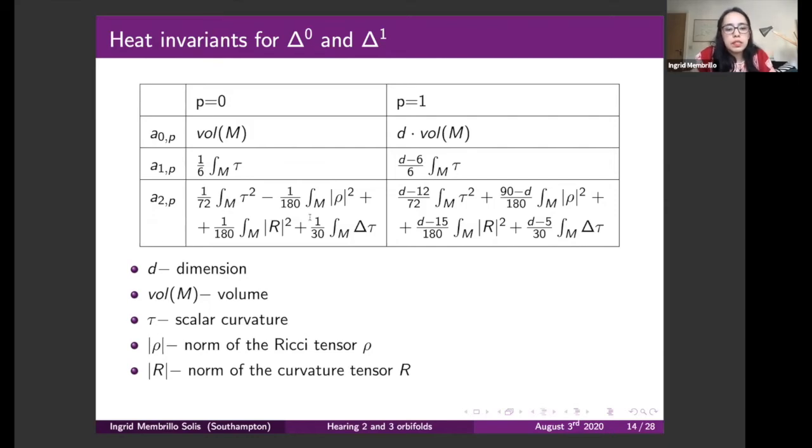For a_2, we will have geometric quantities like the scalar curvature, the norm of the Ricci tensor, or the norm of the curvature tensor. But it will be important to remember how the first two heat invariants in zero-forms and one-forms are related.